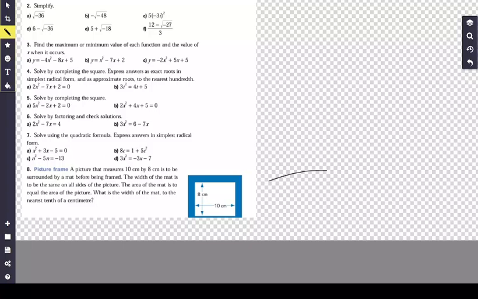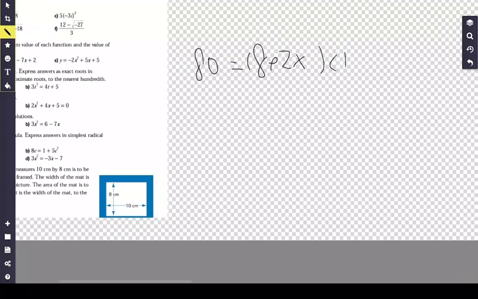Okay, so I guess the area of the picture is 10 times 8, which is 80. So this is the area of the picture, and the area of the mat. So 80 is supposed to equal 8 plus 2x times 10 plus 2x.